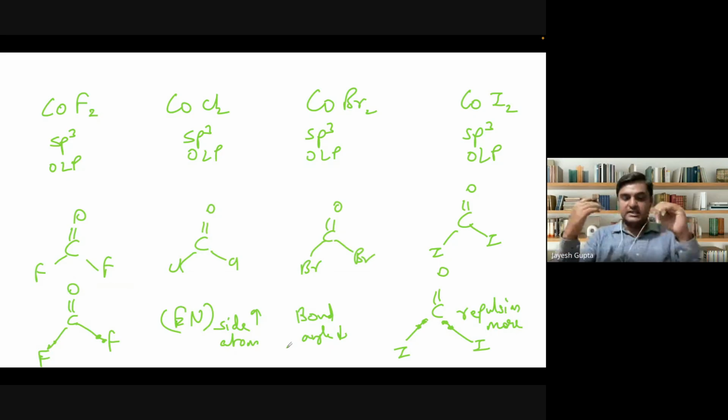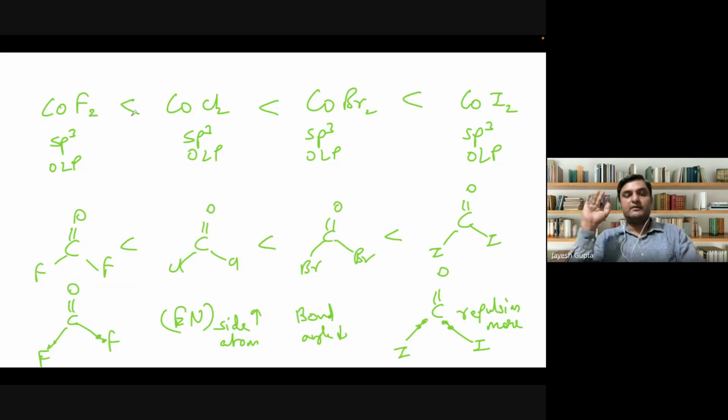So iodine, since having less EN down the group, the bonded pairs will be more away from iodine, more closer to the central atom, more repulsion, the bond angle will increase. So this will be the final order. Okay, so for each rule I have taken one question. So now it is crystal clear: hybridization, lone pair, central atom, side atom. Central atom directly proportional, side atom inversely proportional.